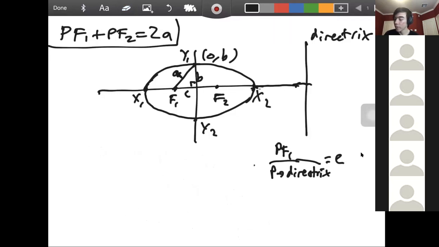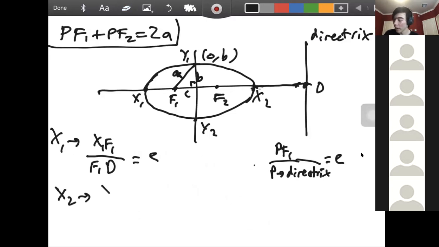So once again, we'll plug in x1 and x2. So plugging in x1 means x1f1 over x1d is equal to e. I just defined point d right now. And if you plug in x2, we get x2f1 over x2d is equal to e.